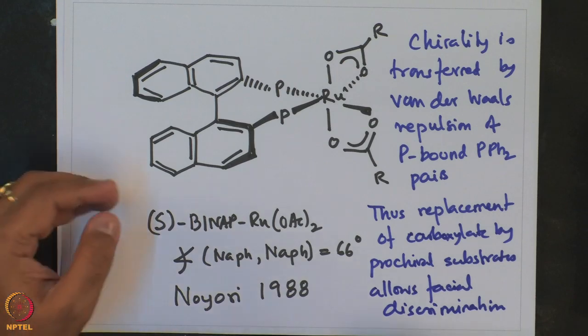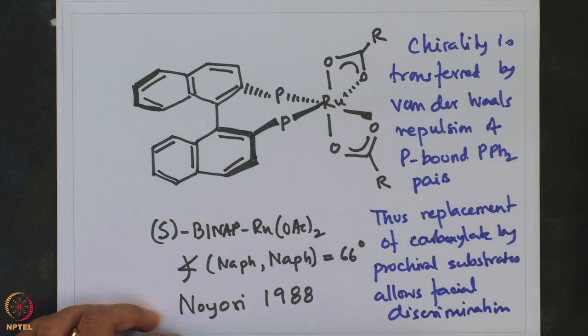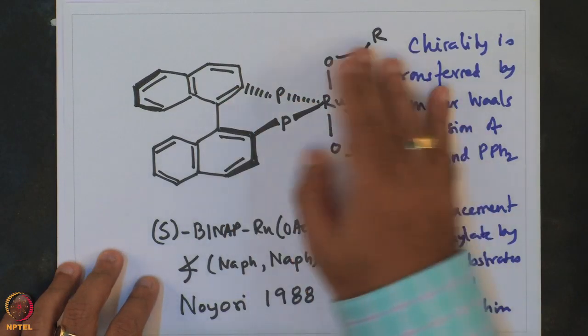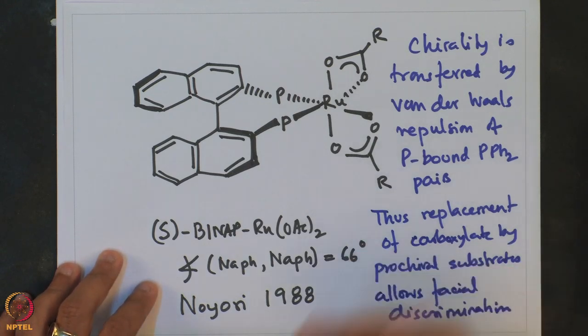So, this is an interesting attribute of this particular catalyst, the BINAP ruthenium diacetate, where the naphthyl angle is about 60 degrees, and the chirality is transferred by van der Waals repulsion of the phosphorus bound PPh2 pair, which transfers the chirality onto ruthenium, and replacement of these carboxylates by prochiral substrates allows for facial discrimination, which eventually leads to higher chirality transfer.